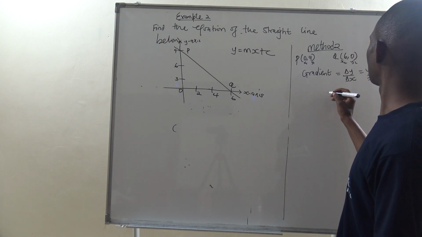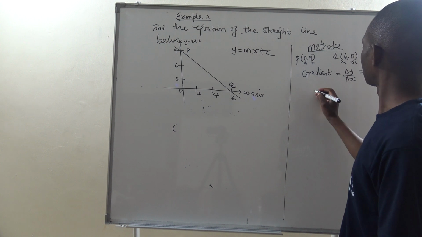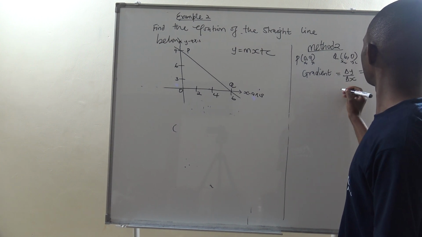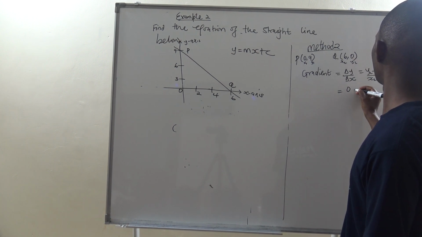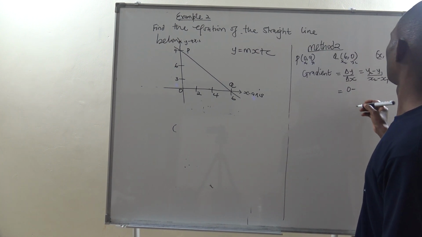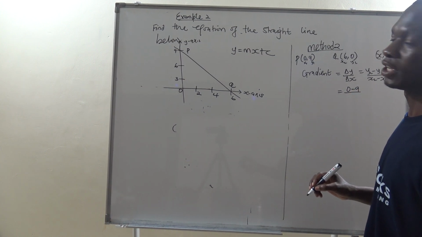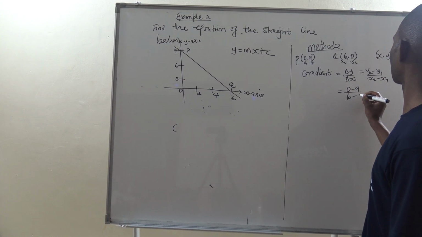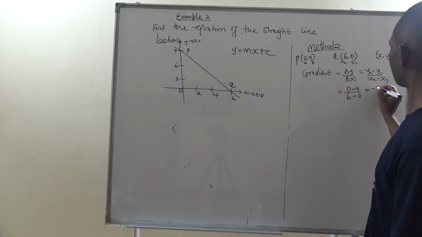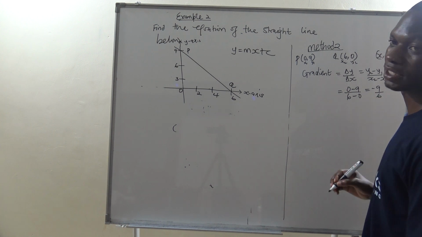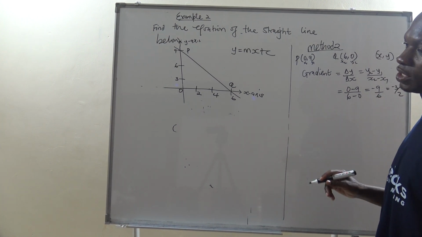So the gradient is 0, which is y2, minus y1, which is 9, all over x2 is 6, x1 is 0. We have got 0 minus 9, negative 9 over 6. We end up getting negative 3 over 2 after reducing.